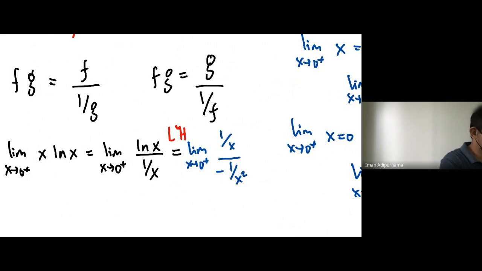So we will have the limit, this will be negative x, so it should be 0. So in this case, it will be going to 0. So 0 is faster than the infinity. If we have x ln x, the answer is going to be 0 based on our L'Hopital rule.